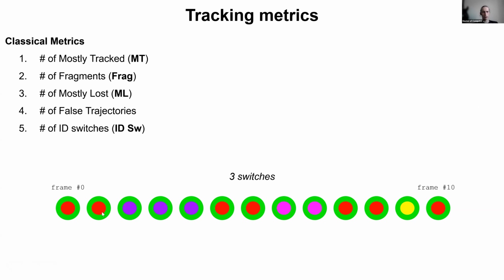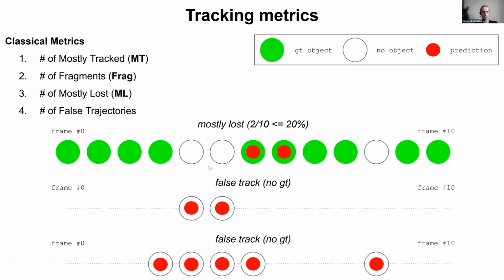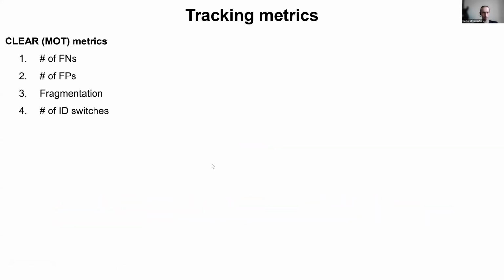Yeah, we have 3 switches here: a switch to the purple track, to the light purple track, and the yellow track. Yeah. Okay. Yeah, because between the two purples, it is not a switch, of course. We have another metric for this, like fragmentation.